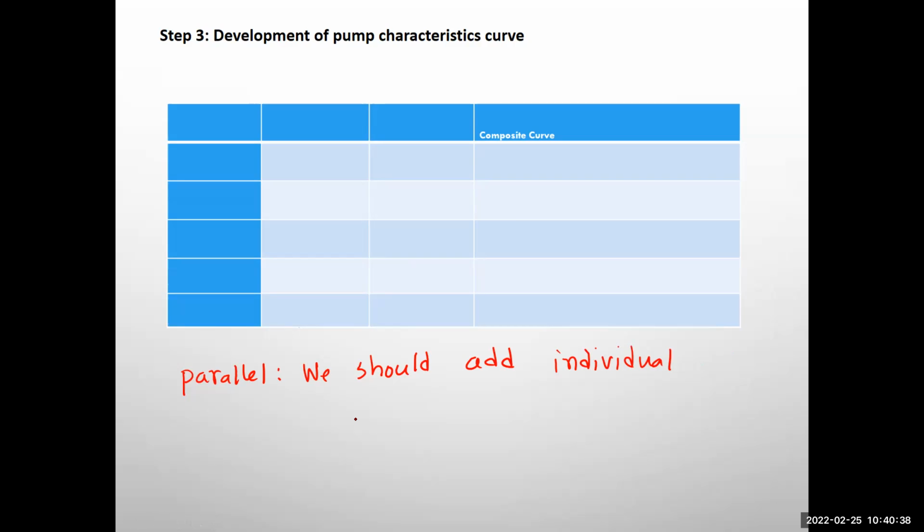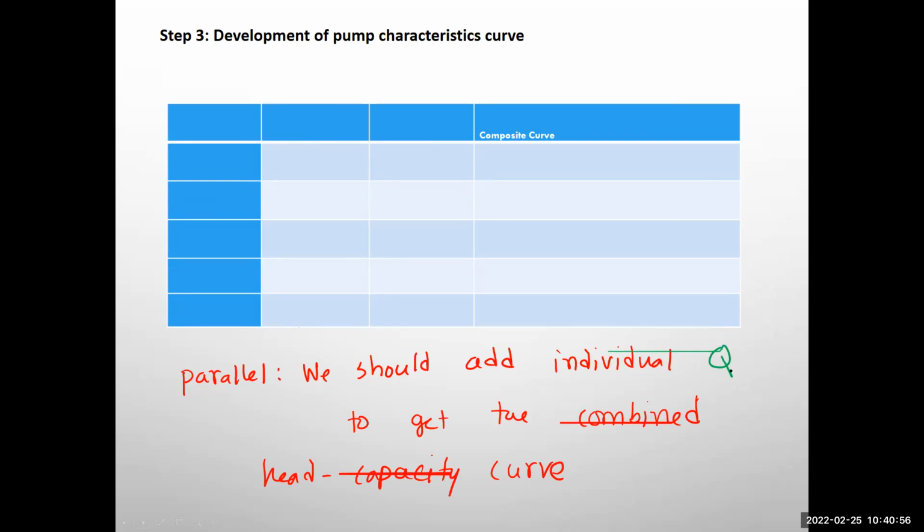Okay, flow, to get the combined head capacity curve. And from where will I get all the Q and H values for this part? Do we have any value anywhere? From table 1. Okay, so copy everything here.